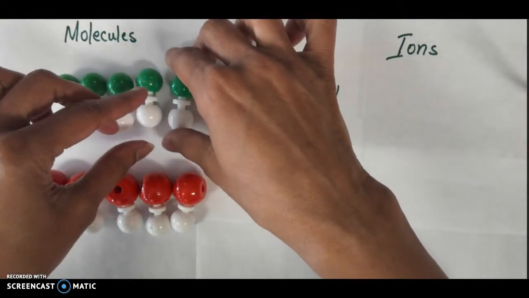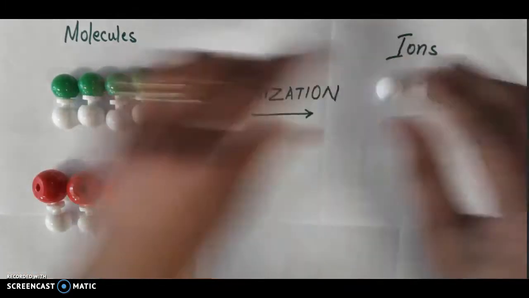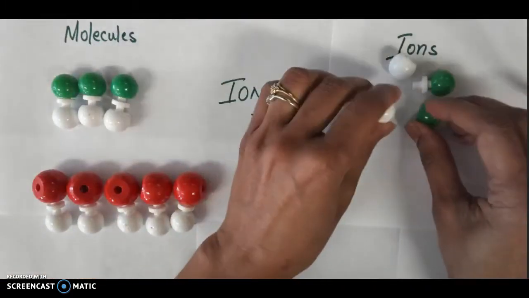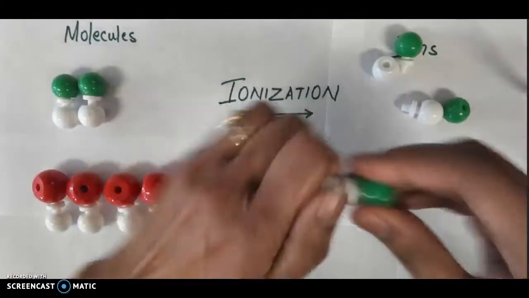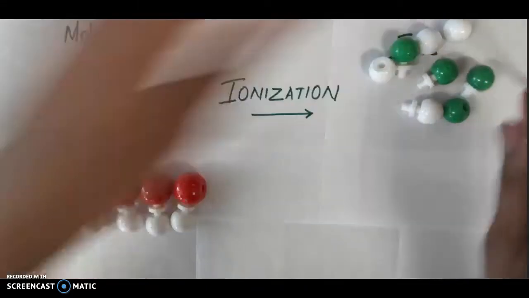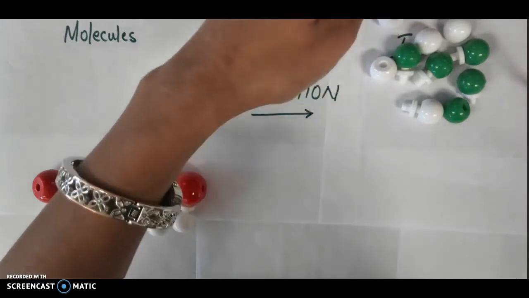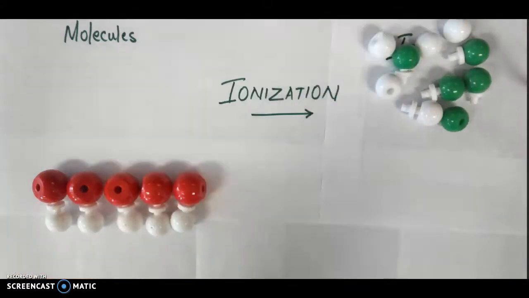If this was an example of a strong acid, the ionization would be 100%. So none of the molecules will stay bonded. We will have 100% dissociation. So that's the example of a strong acid.